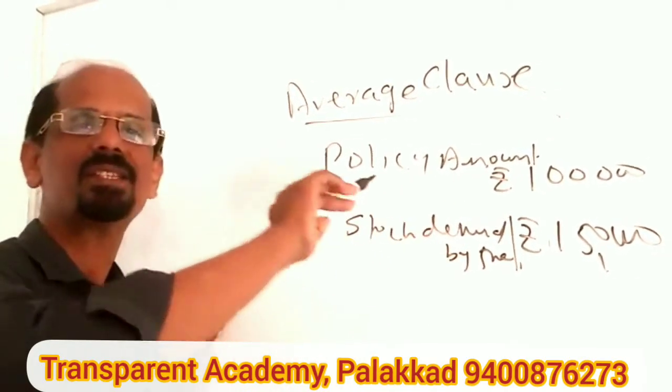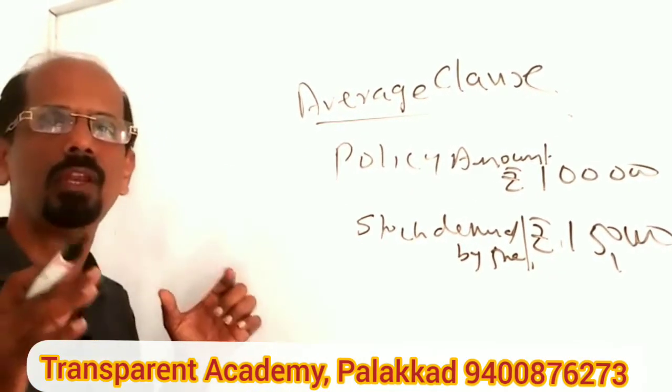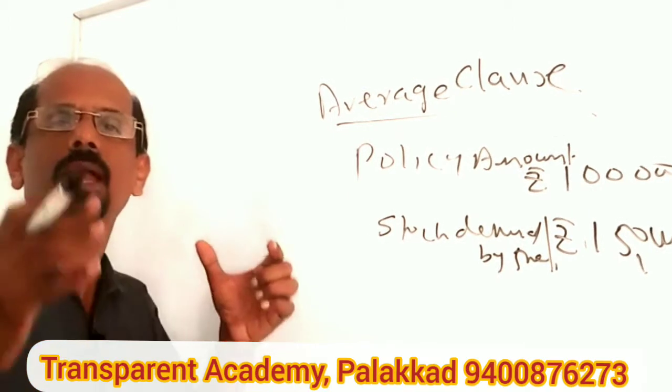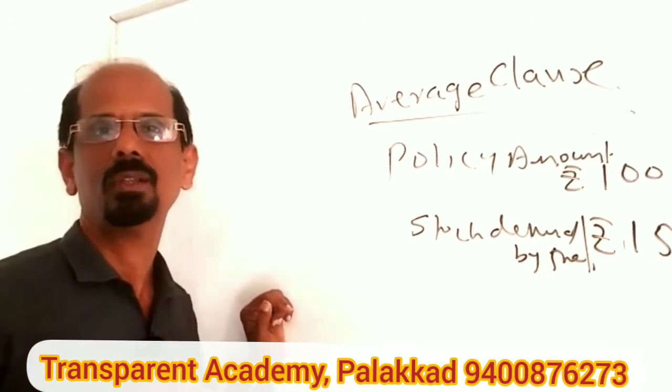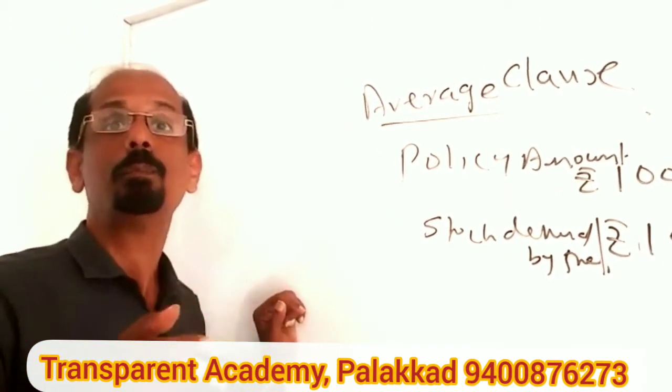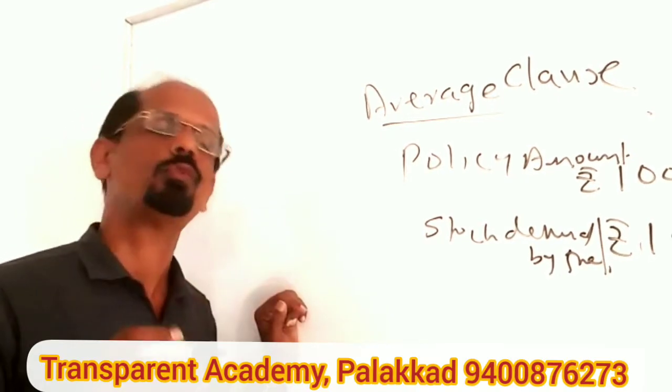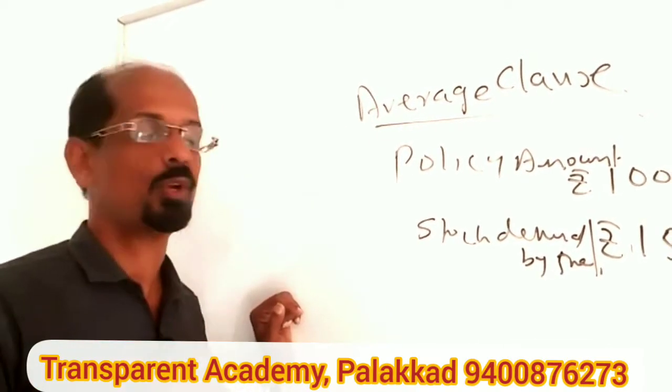In that case, the insurance company will not give you the entire amount of loss. Then it will give a proportionate amount of the loss. What do you mean by that?